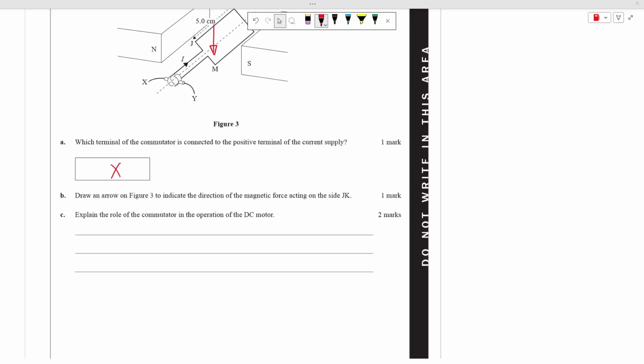I'll just write it out. So commutator reverses current in the coil every half turn.